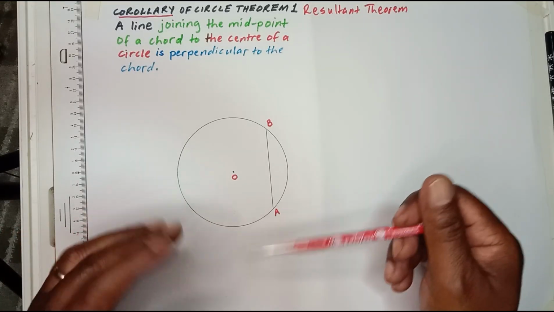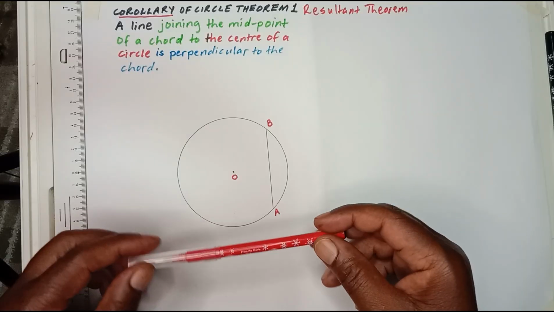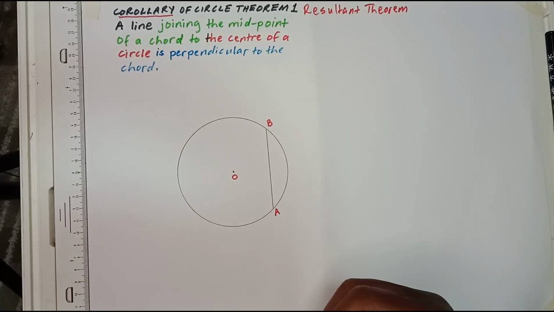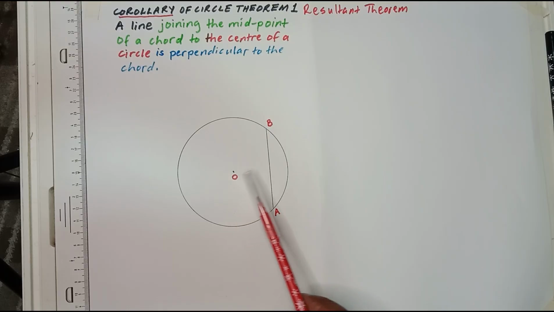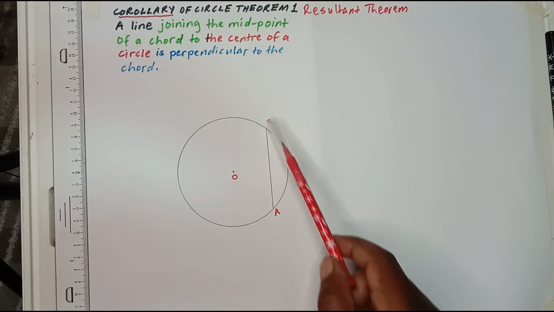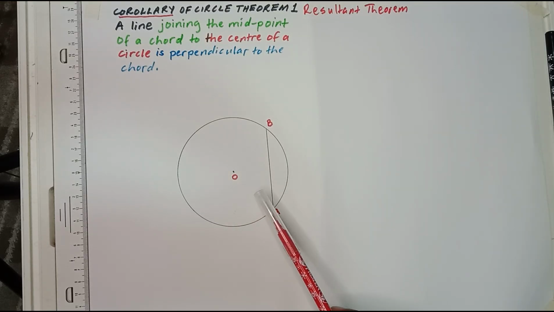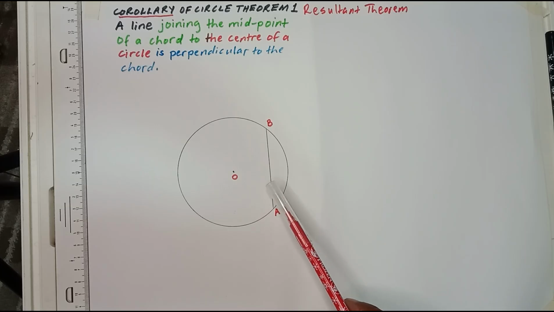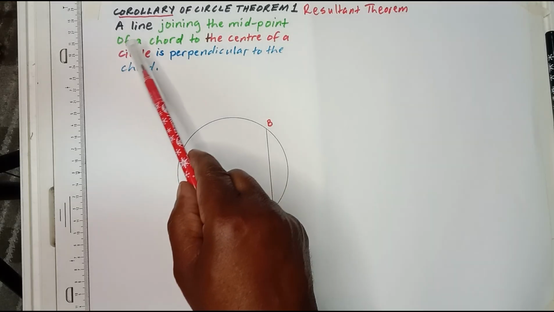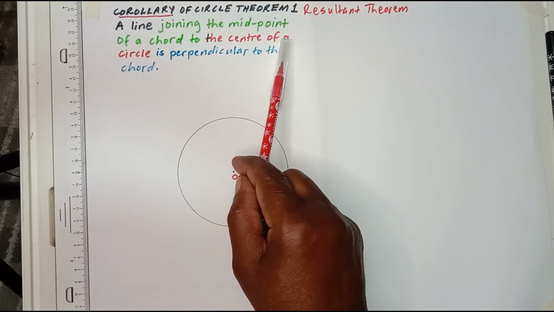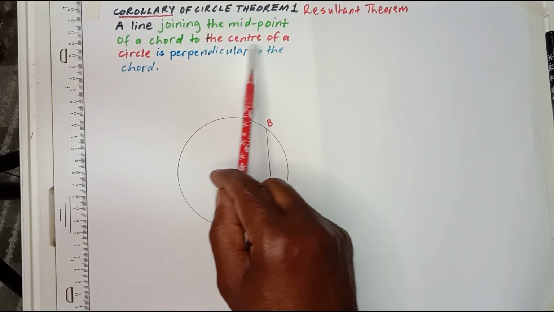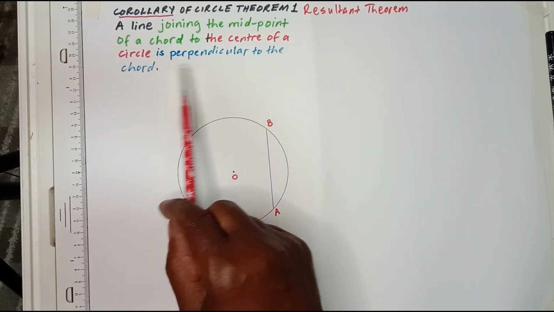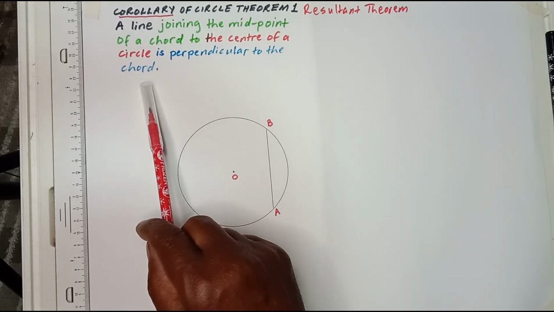It's just general reasoning. Logic will tell us that from theorem 1, which says a line drawn from a center perpendicular to a chord will bisect the chord, that's what we saw in the first theorem. So this corollary is saying a line joining the midpoint of a chord to the center of a circle is perpendicular to the chord.